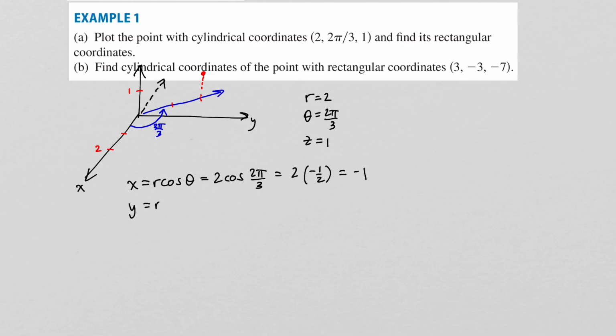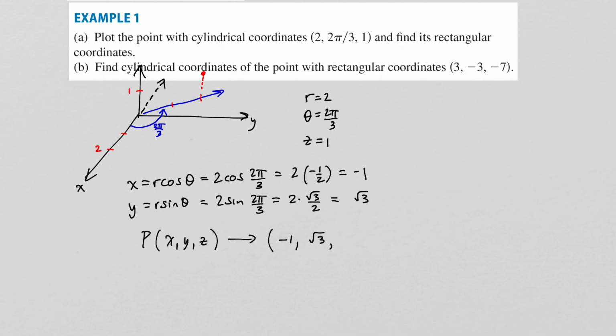And y is equal to r sine of theta, which is 2 times the sine of 2 pi over 3, which is 2 times the square root of 3 over 2, which is radical 3. And so the point can be written in rectangular coordinates, x, y, z, as the point negative 1, radical 3, and then remember, z is still equal to 1.